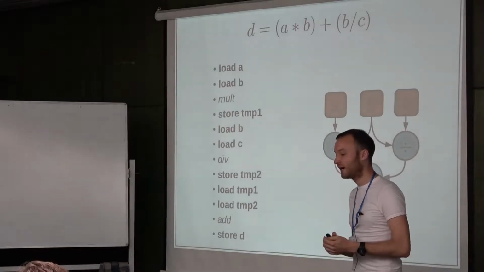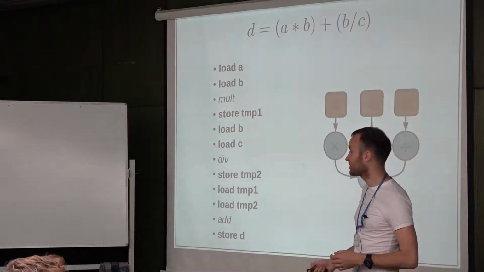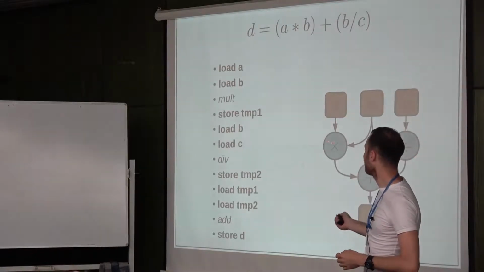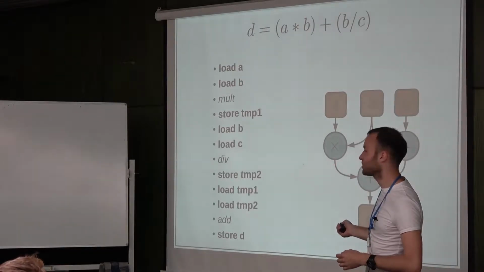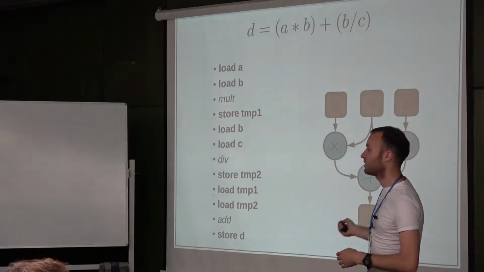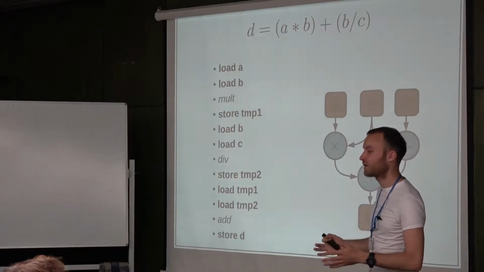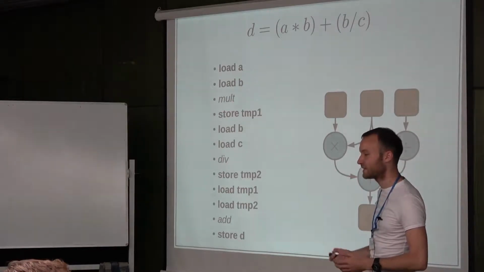But in practice, we don't show that, and it is implied. And plus, we have to take into account that division might take longer than multiplication. Then we might end up with inserting additional redundant flip-flops to ensure that these two operations are synchronized. So to ensure that adder receives two pieces of data at the same time.